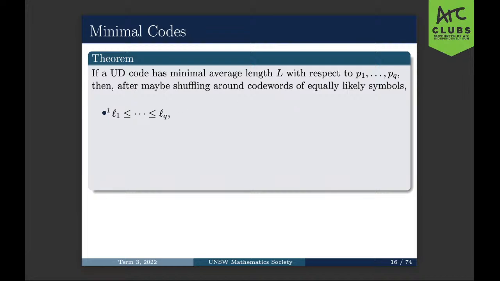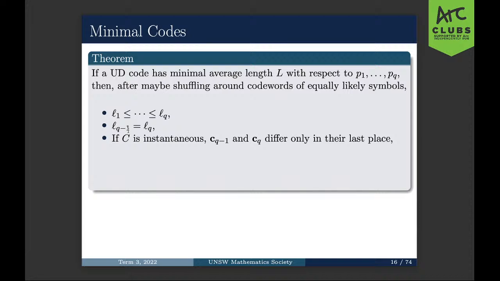We have L1 less than or equal to, kind of like the lengths in increasing order, or non-decreasing, I guess. We have that the lengths of the two last code words are equal. And if C is instantaneous, as in C is an I code, then the last two code words only differ in the last place, the last digit. And if C is binary, it turns out that the Kraft-McMillan coefficient is exactly equal to 1.